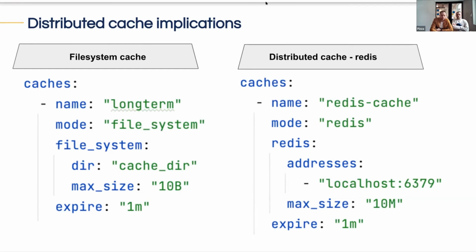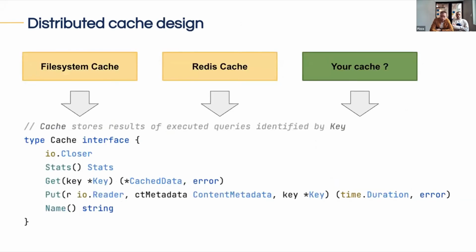I've been talking about file system and Redis, but in fact you might be interested in different kinds of integrations. And you know what? You could do that. You could help us, actually, because when we were building this feature, we did our best to design it in an extendable way.